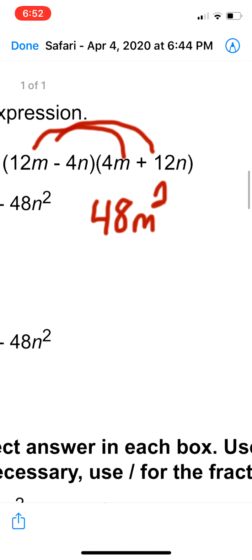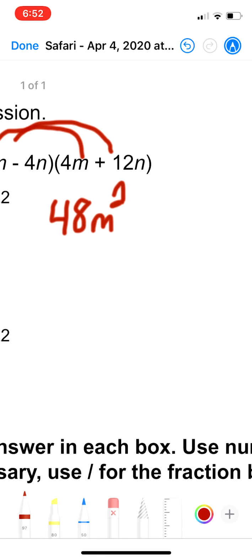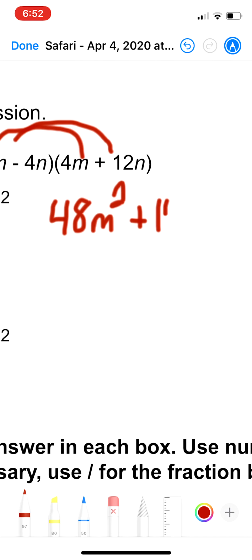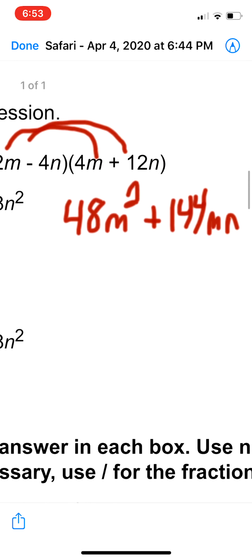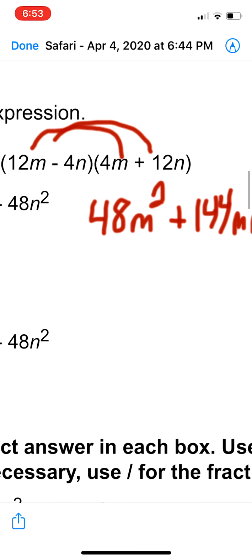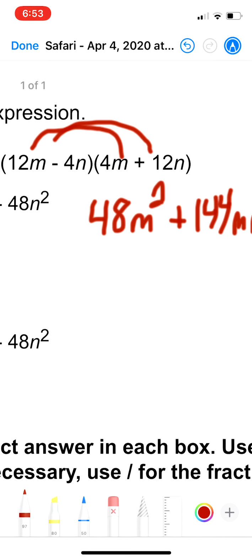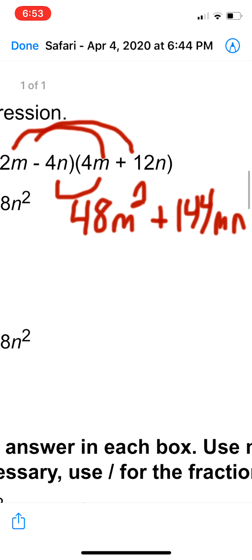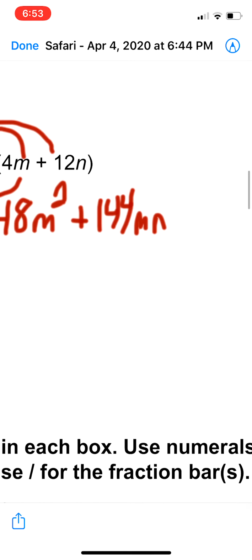Then I have 12m times 12n. So 12 times 12 is 144. M times n is just mn. We can't add the exponents there because they're different bases. Once you're done with the 12m, once it multiplied by 2 of those, you're going to go on to this negative 4n. So negative 4n times 4m, negative 4 times positive 4 is negative 16.